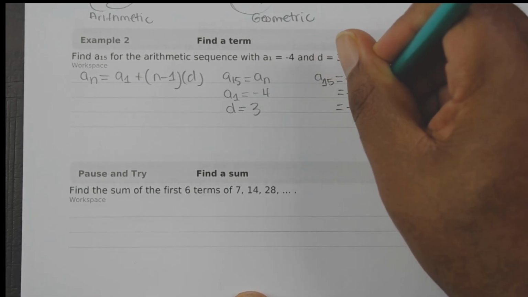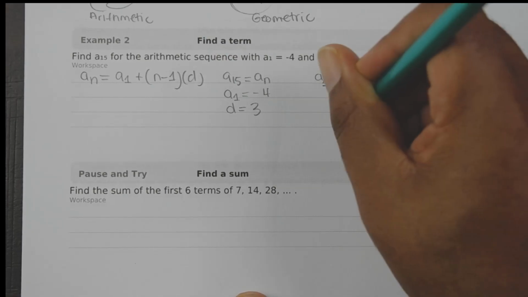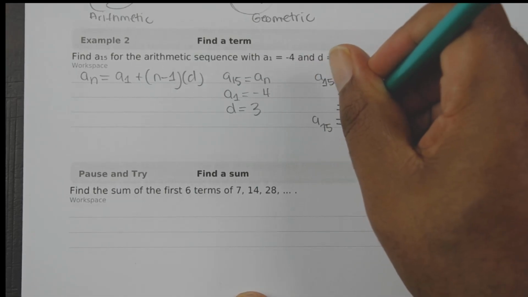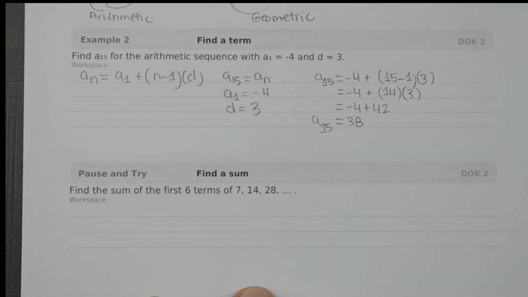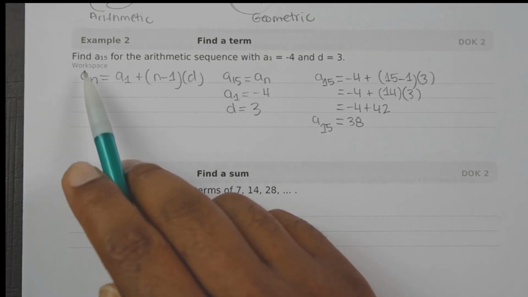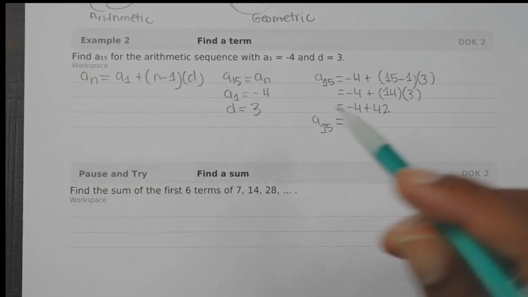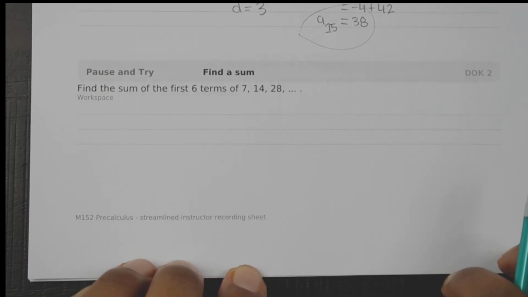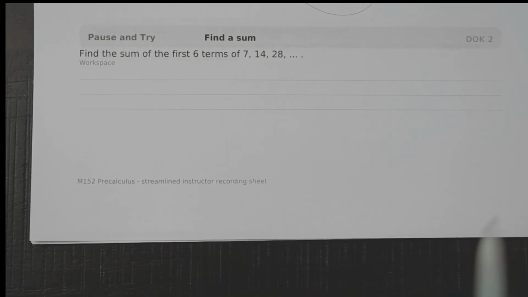So -4 plus 42. So a sub 15 is going to be 38. So we found a sub 15 for the arithmetic sequence. All right, pause and try the problem below.